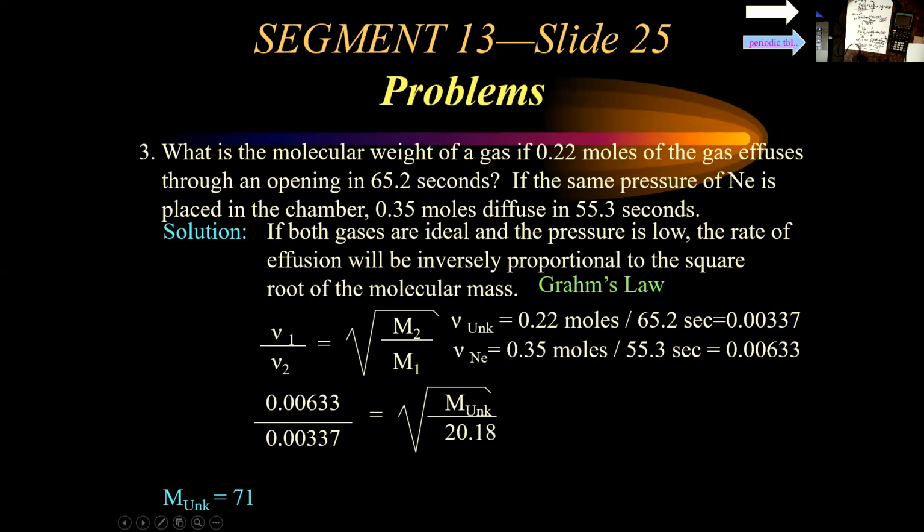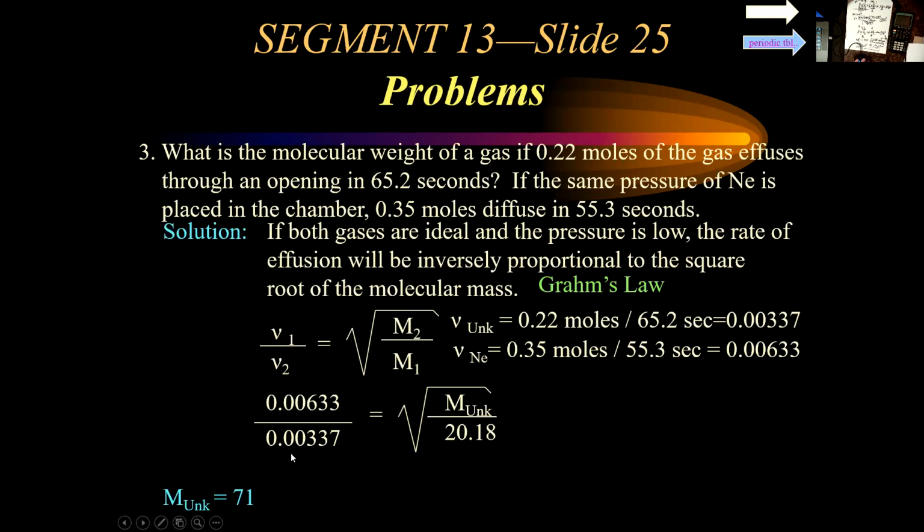Now at this stage, you remember, I keep pointing out the inverse relationship up here. Sometimes people reverse one or the other side of this and mess it up. If you do, you'll come up with a number that doesn't make sense. Now, looking at this, the rate of effusion of my unknown gas is slower than the neon.